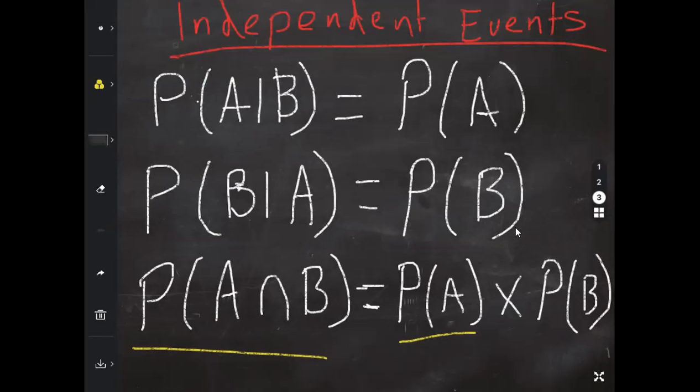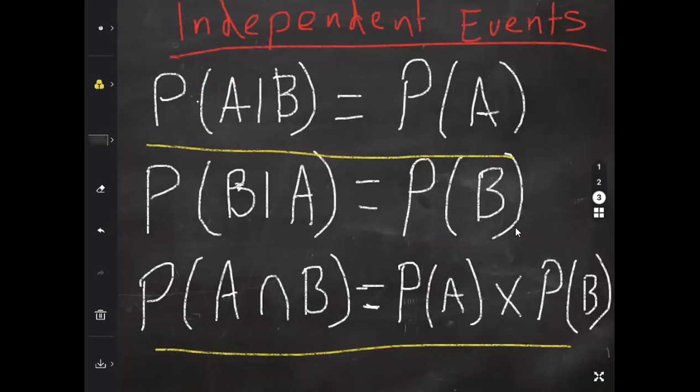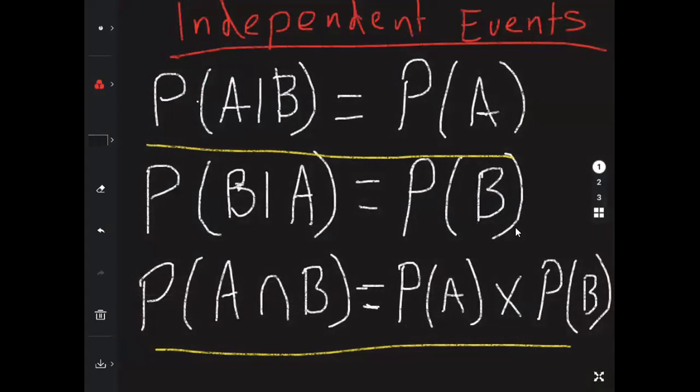So let's have a look. We'll use this first rule for our example here. We'll do two examples, one for this top rule and one for this bottom. Let's go with this top one first. So we've got our data set out into a Venn diagram. It should come up on the screen in a moment.